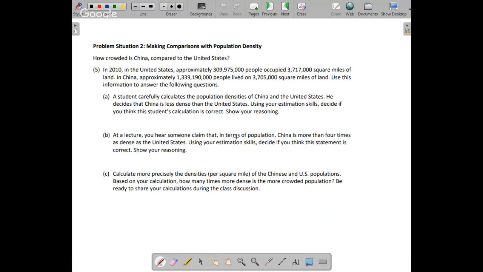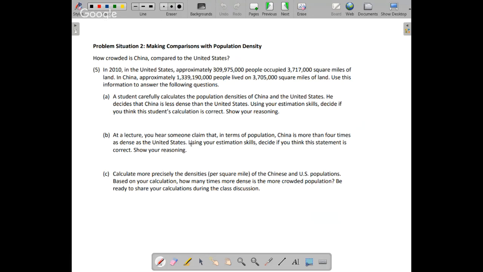At a lecture, you hear someone claim that in terms of population, China is more than 4 times as dense as the United States. Oh, okay, that's interesting. If we just talk about millions, 300 million, 1,300 million, what did he claim here? 4 times. What's 4 times 3? 4 times 3 is 12. Here I have 13.